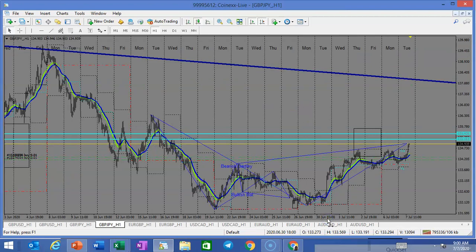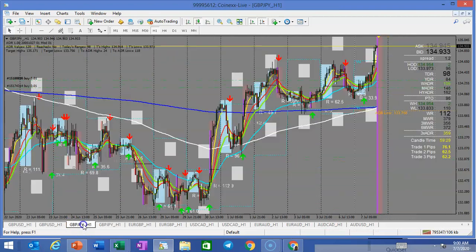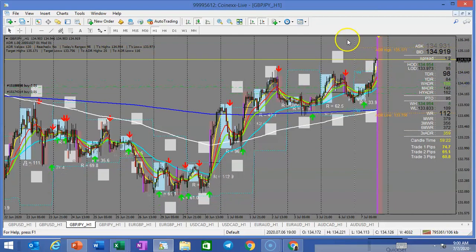So now I'm looking to see where price could potentially go today. We've already exceeded the high, yesterday's high, right? My handy dandy indicators tell me that it could reach up to 135, because they automatically calculate the average daily high.